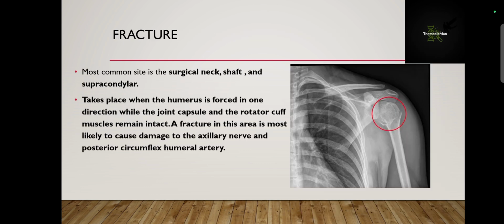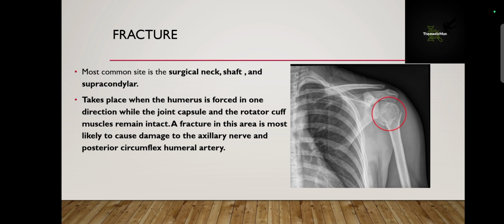Then comes the fracture. We have already seen the upper part. The most common area for fracture is the surgical neck. Seen on the whole humerus, the most common sites are the surgical neck, the shaft, and the supracondylar region.